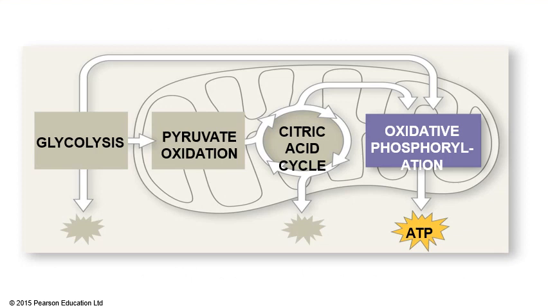The final stage of cellular respiration is oxidative phosphorylation through the electron transport chain to produce ATP. That's the major mechanism to produce most of the ATP in cellular respiration.